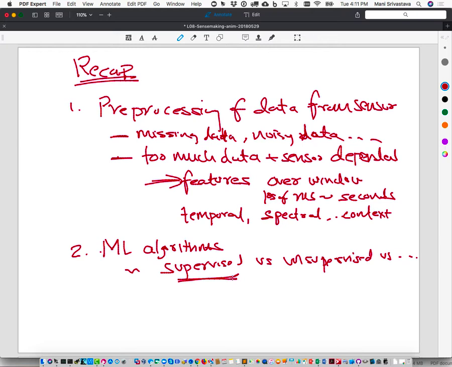Now, a challenge with supervised learning, which those of you who are doing projects of that nature are probably realizing, is that collecting the data and, more importantly, labeling it is pretty painful. In fact, labeling is called the blue collar job of AI.